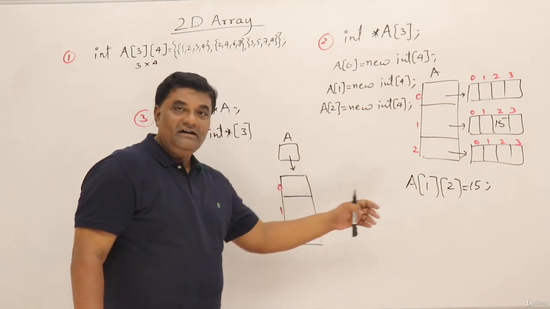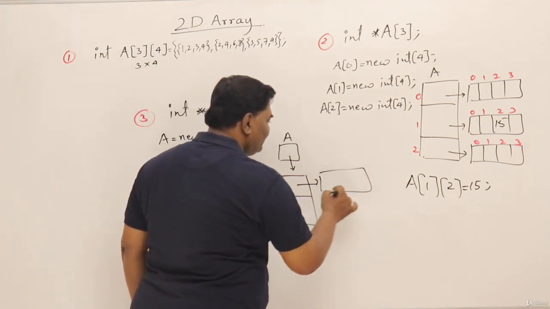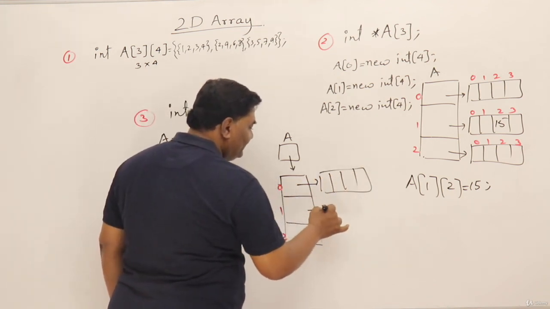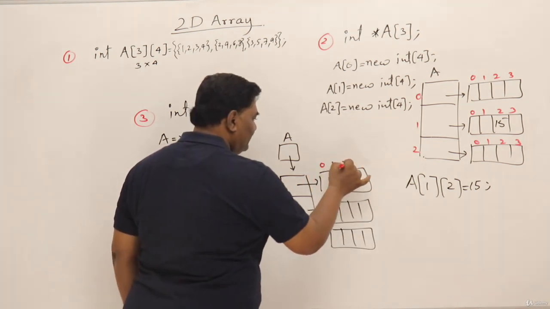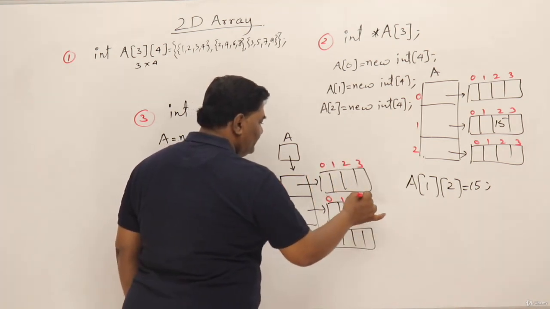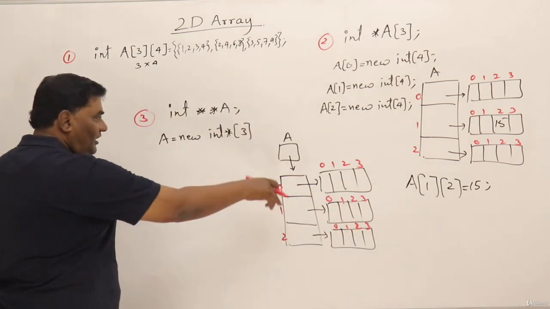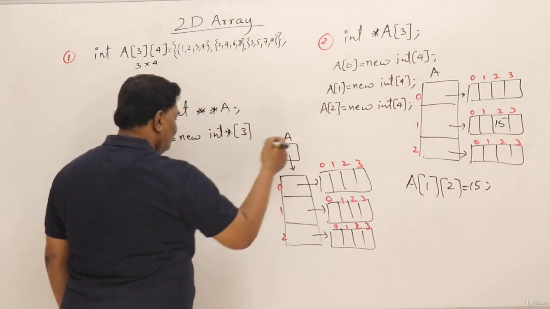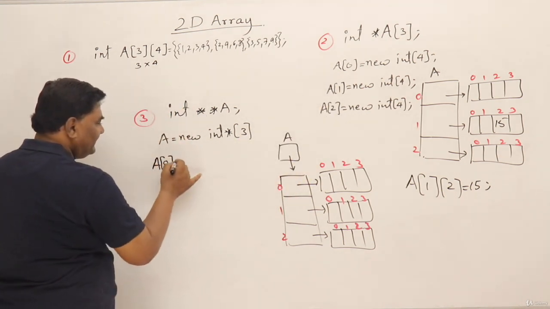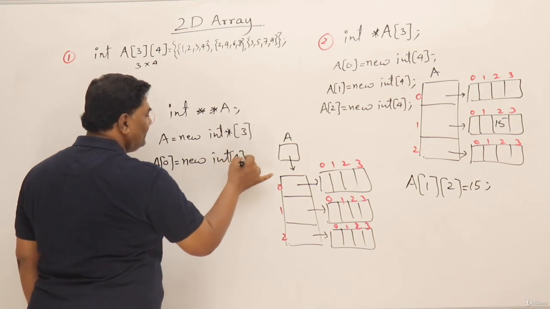Now I will prepare other arrays. So I have to create these three arrays and assign them to these three pointers. So the indices are 0 to 3. Now how to create those three? Same method as I did here, I should say a of 0 assign new int of size 4.